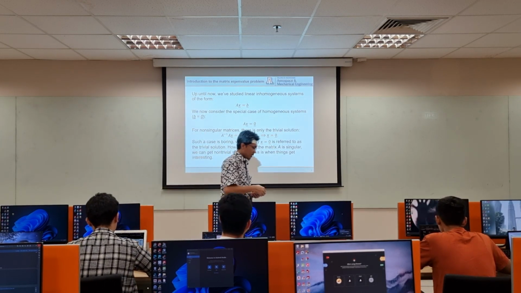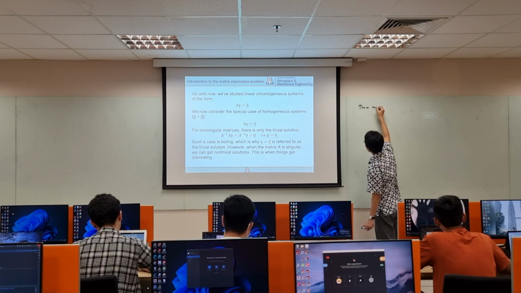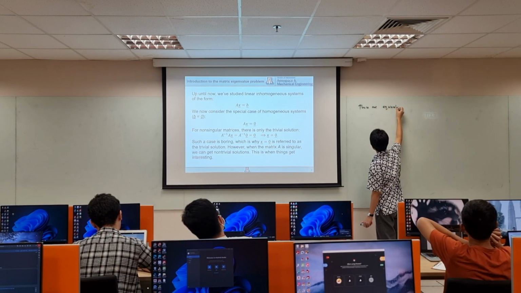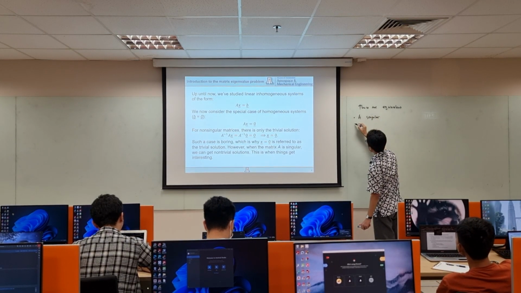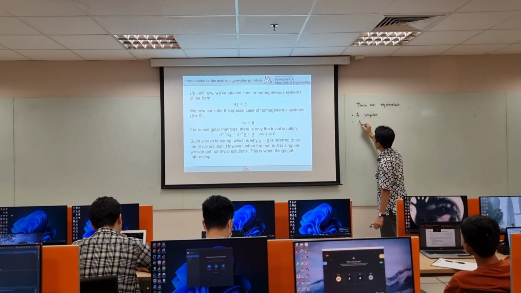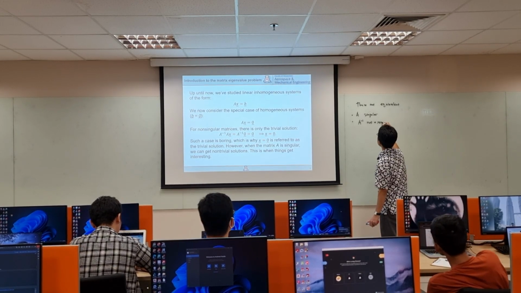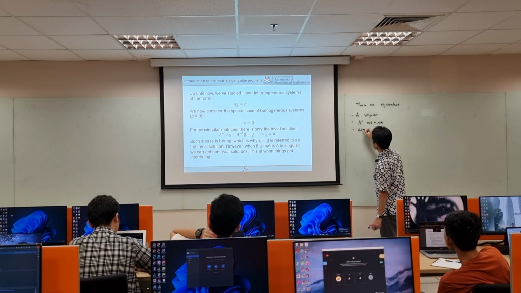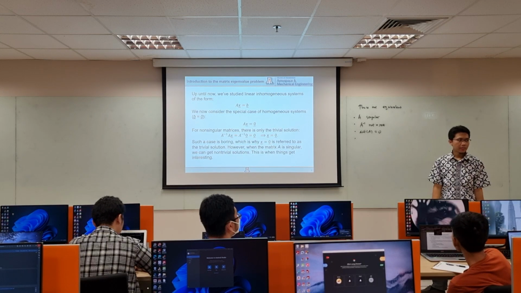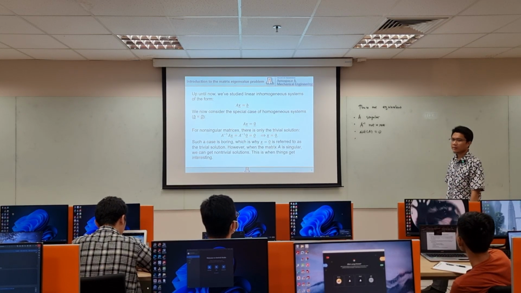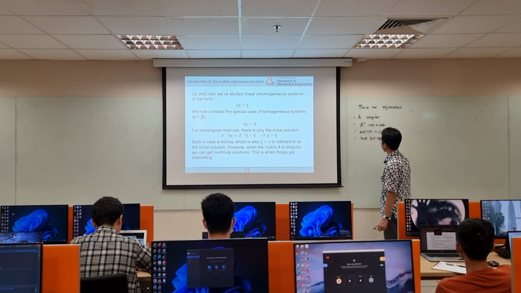Let us list all of those definitions. These are equivalent. A is singular. It is equivalent to A inverse does not exist. Determinant of A is 0. A transpose is also not full rank. What else?